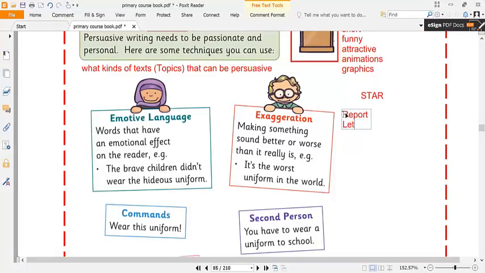We studied how to write formal and informal letters. We studied how to write a diary, right? And also we studied how to write descriptively, a descriptive text. We studied how to write a story. These are topics. This is what I mean by the kinds of texts or the type of topics.